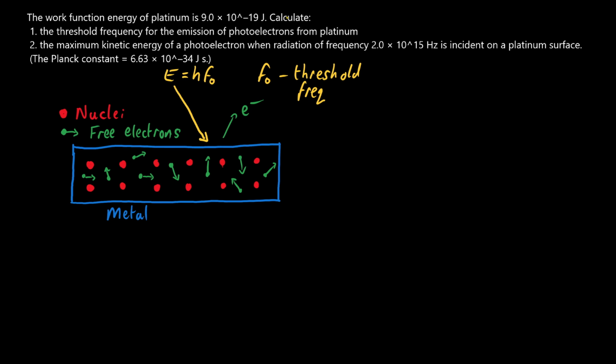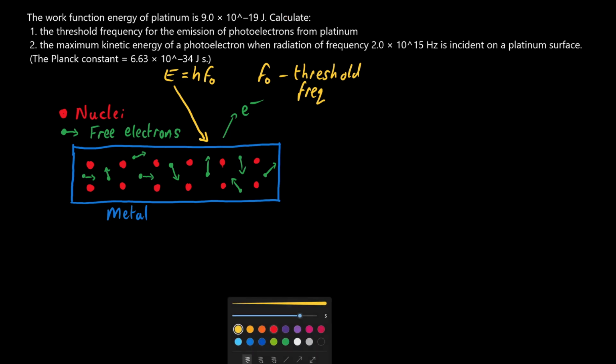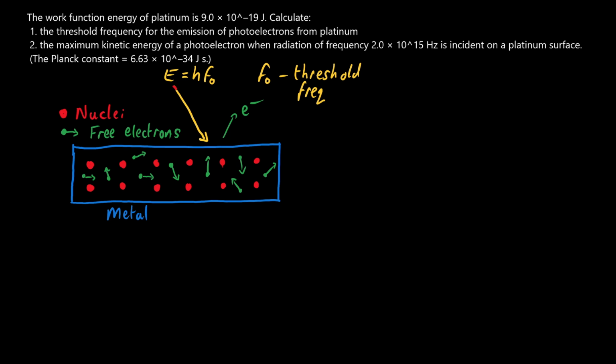But if the frequency of this light isn't high enough, so for example, instead of yellow light here, we have red light, which has a lower frequency, and this lower frequency is smaller than the threshold frequency, then electrons don't get ejected from this metal.